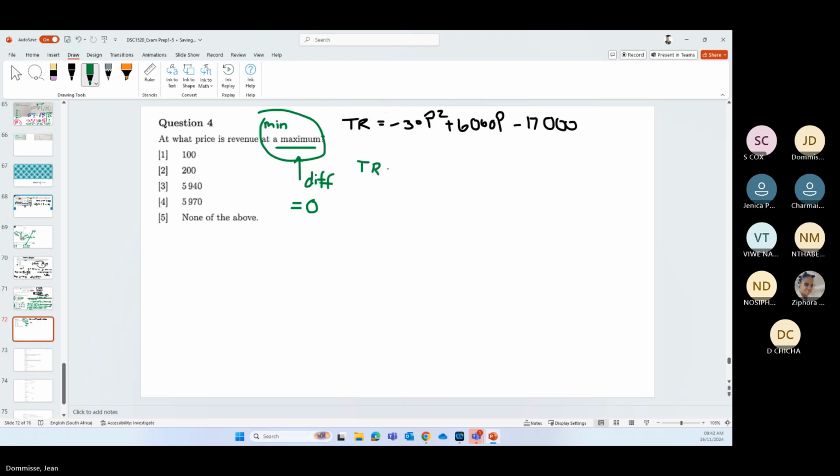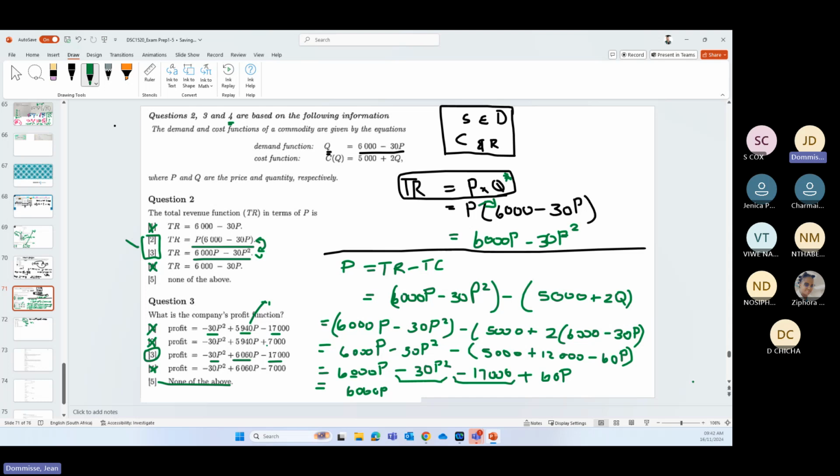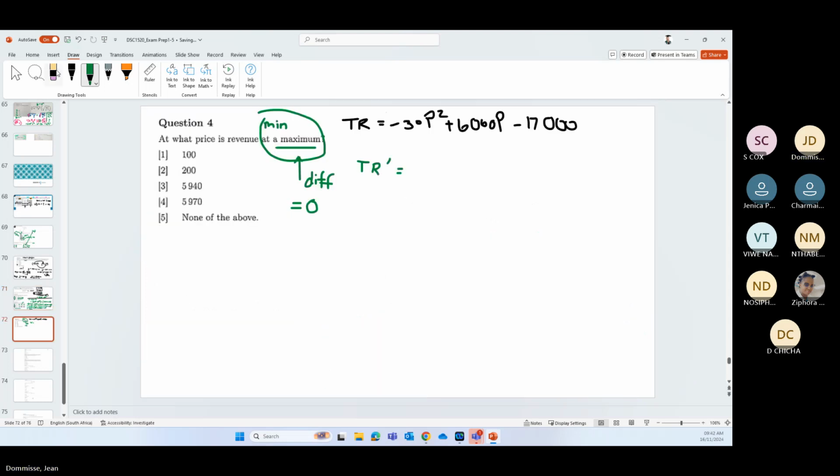Okay, so differentiate total revenue. Well, sorry, this is not, it's already actually profit. So let's just make sure. So that goes in front, minus 60p. That nearly disappears, so it will become plus 660.